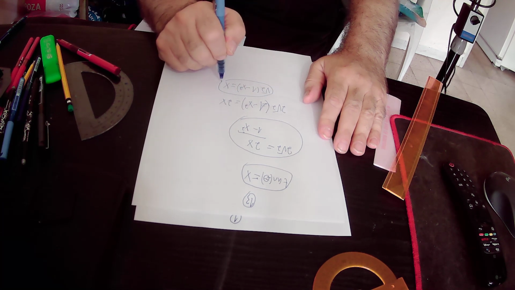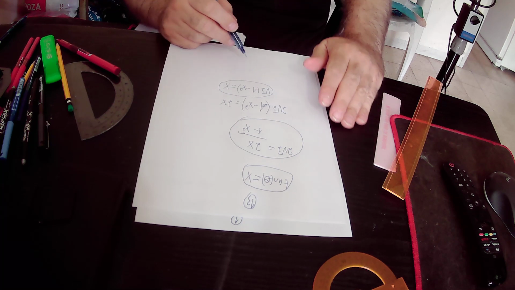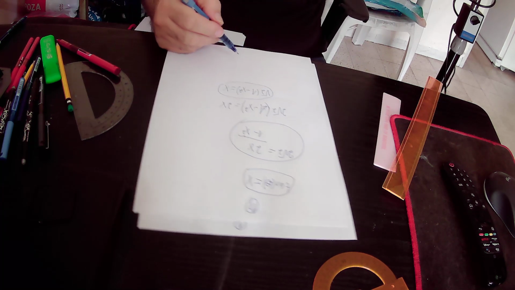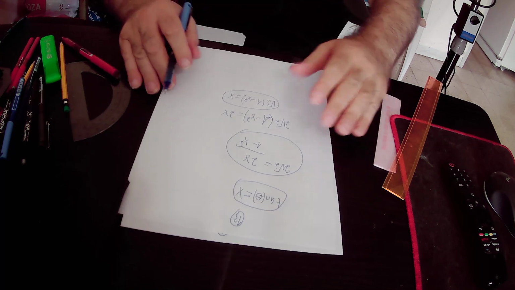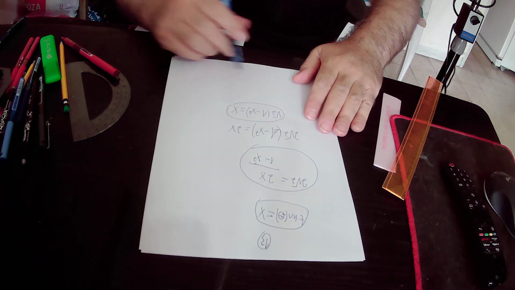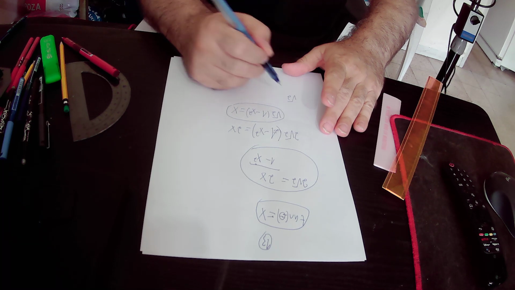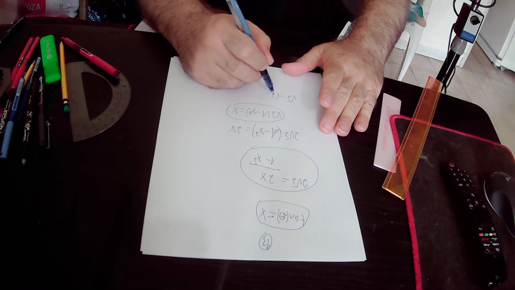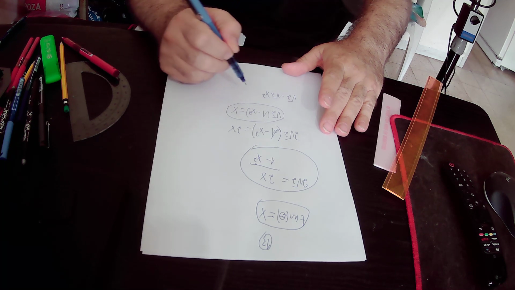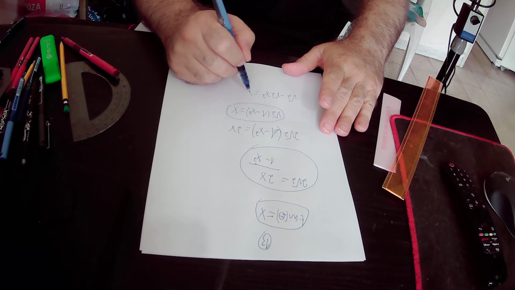So here we will open the brackets. We will get that root 2 minus root 2 x squared equals x.